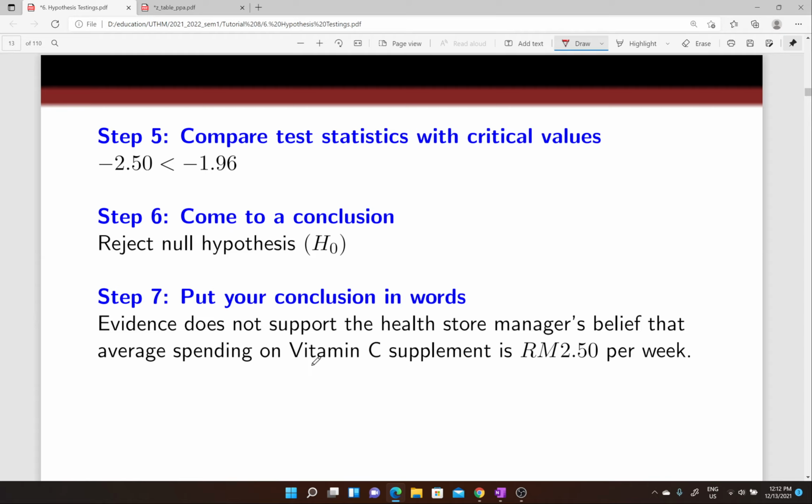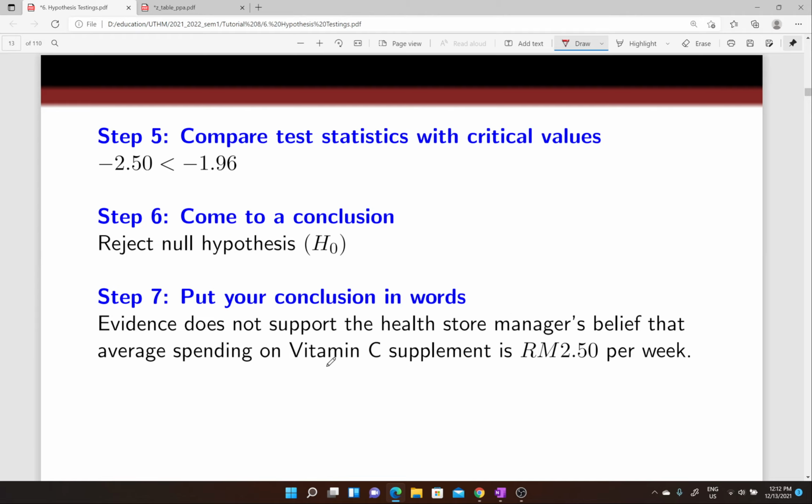He said the vitamin C supplement is 2 ringgit 50 cent. But when we approach 100 people as a sample and take the average, we get 2 ringgit 40 cent, and with hypothesis testing we come to the conclusion that the manager's claim is not true.